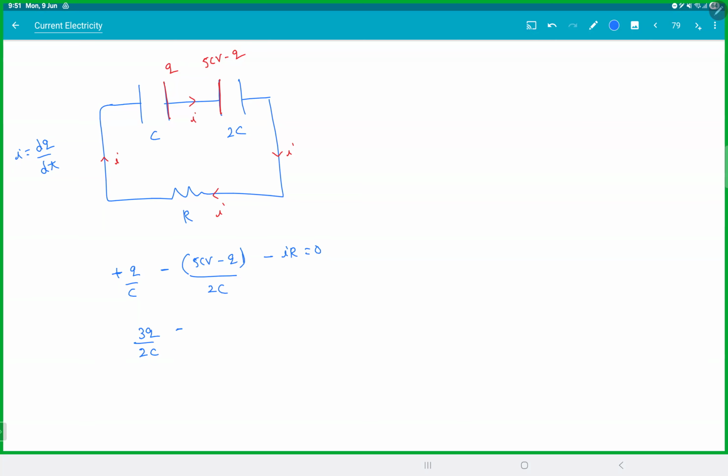PQ by 2C minus 5V by 2 is equal to IR. This is right. Got the same?